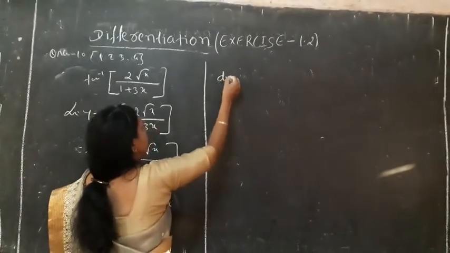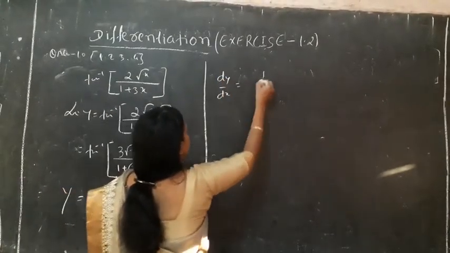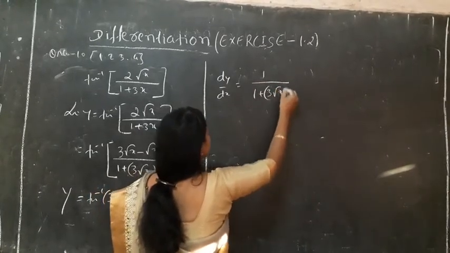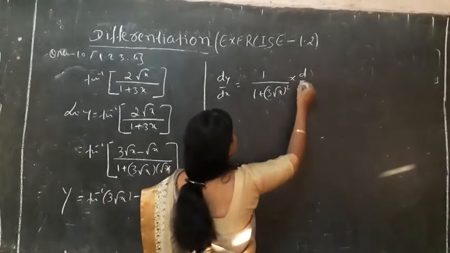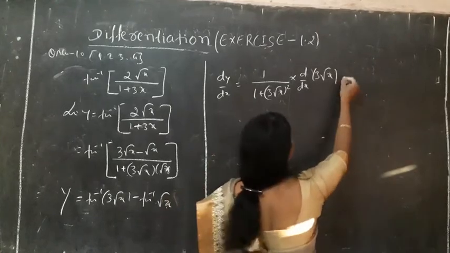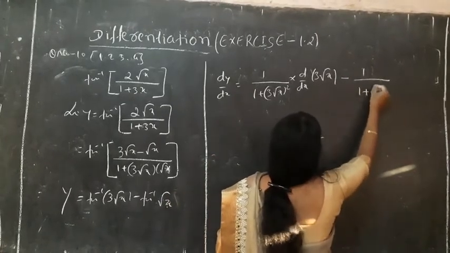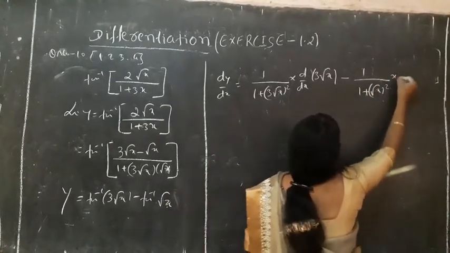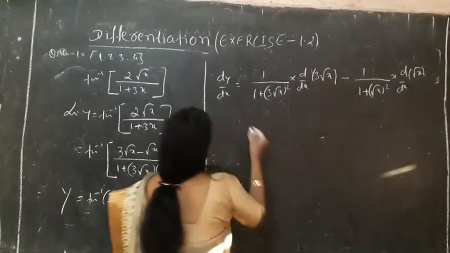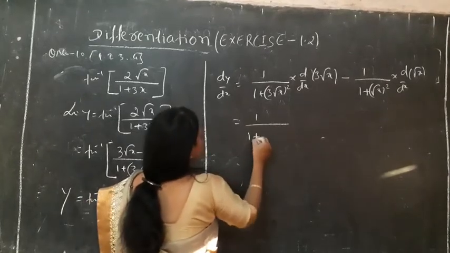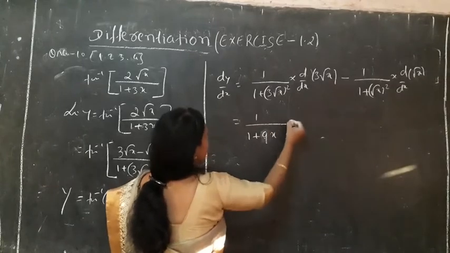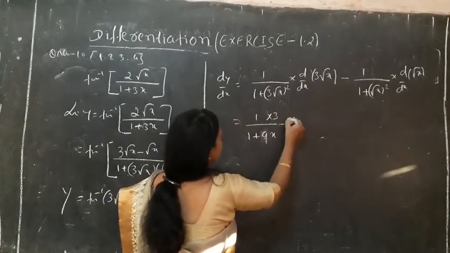So dy upon dx equal to, we can write 1 divided by 1 plus (3 root x) raised to square, once again it is a tan inverse function, into d dx of 3 root x, minus 1 divided by 1 plus (root x) raised to square into d dx of root x. 1 plus square of 3 is 9, this becomes 9x. 3 is a constant number.